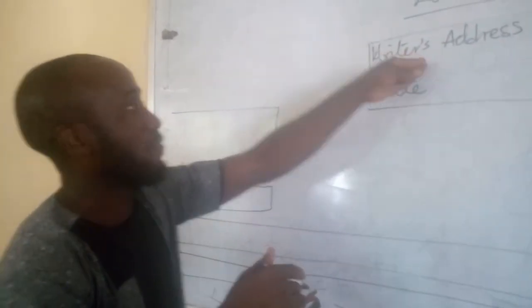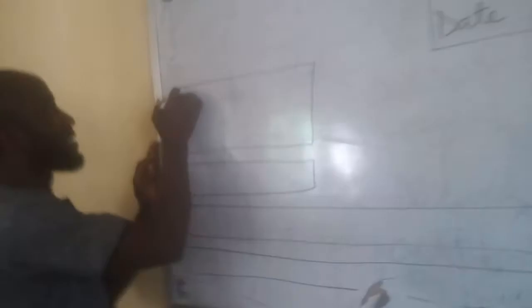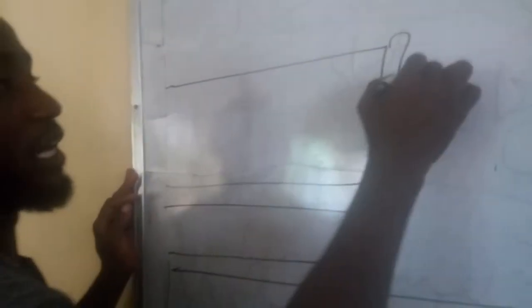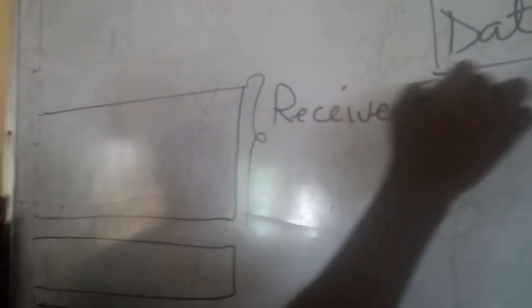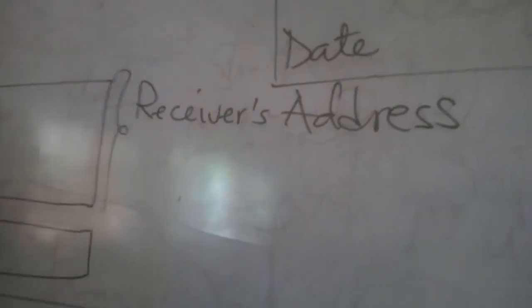But for here we have the writer's address and the date. Then the next thing is this part, which is for the receiver's address. Remember how we partitioned this?